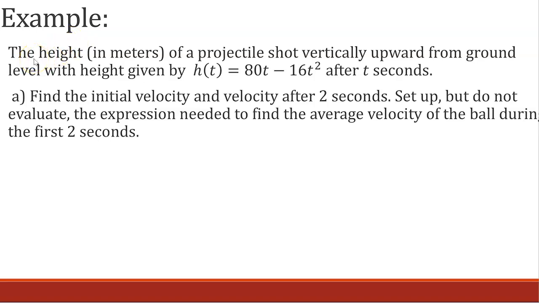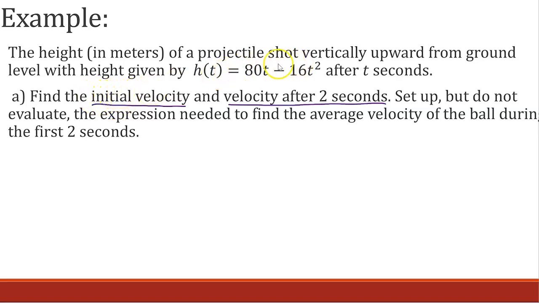In this example, we have the height in meters of a projectile shot vertically upward from ground level, with height given by h of t equals 80t minus 16t squared after t seconds. In part A, we want to find the initial velocity and the velocity after 2 seconds. So let's start with that. The initial velocity means the velocity at time 0, because again, initial means time 0.